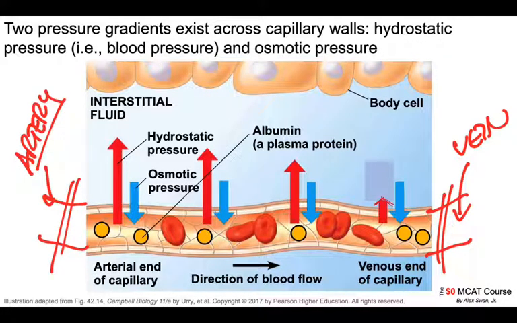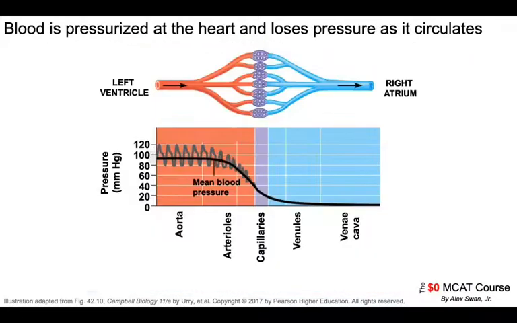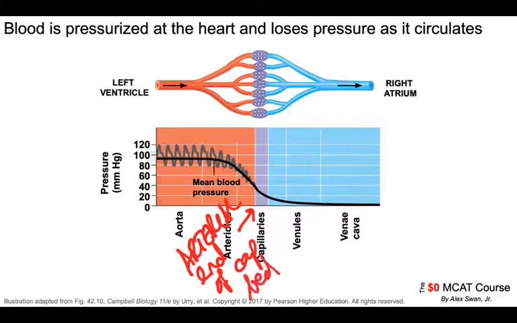So why don't we return to the previous slide so that we can look at that more carefully. We're going to see that here I'm going to have my arterial end of the capillary bed, and right over here, we're going to have the venous end of the capillary bed.